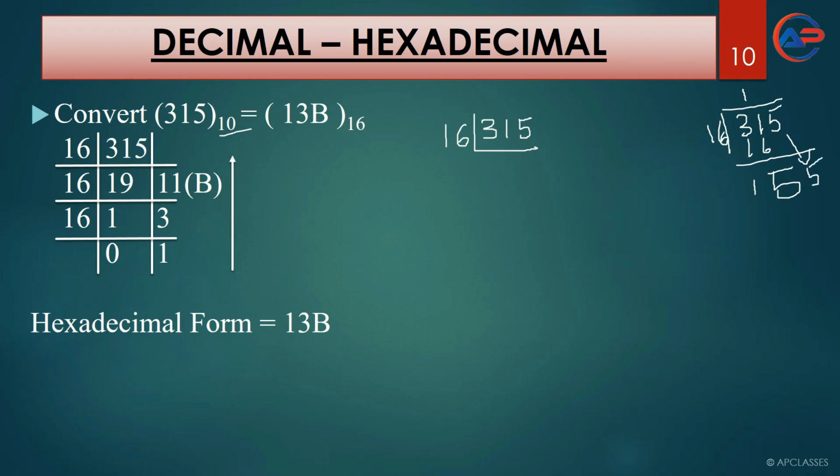What else can we write? 16 nines are 144, because 16 tens are 160, so 16 nines will give you 144, right? So here the remainder will come 11. The final remainder is 11, which cannot be divided further. So 16 nineteens will give you a value, and the remainder will come 11.